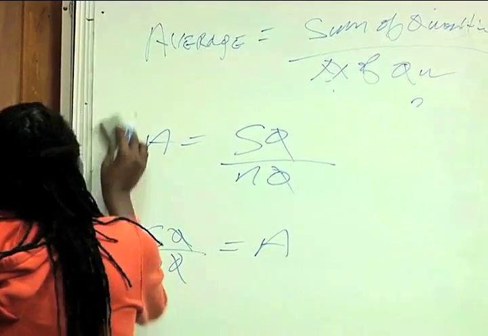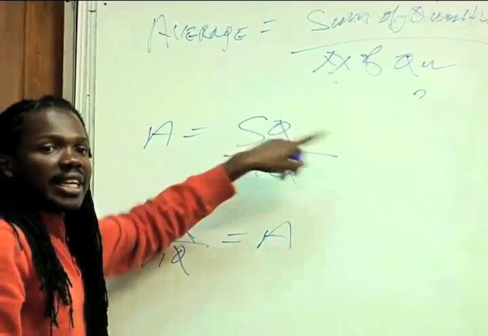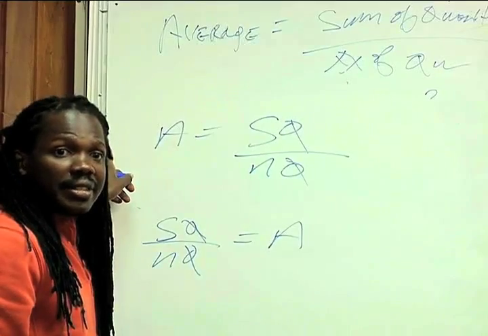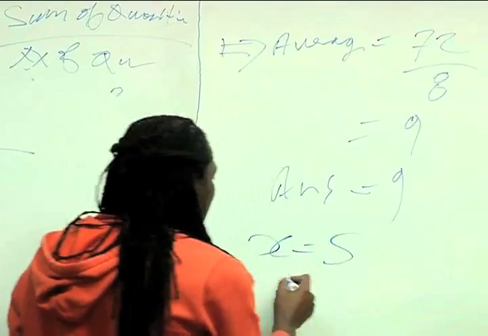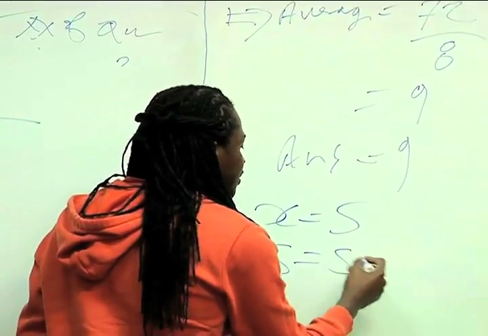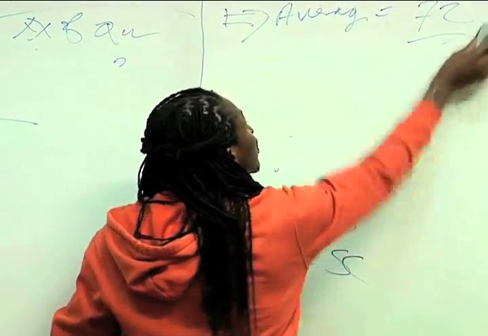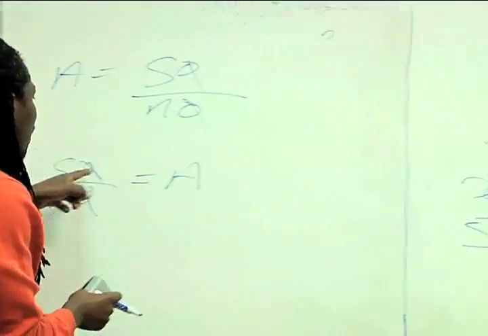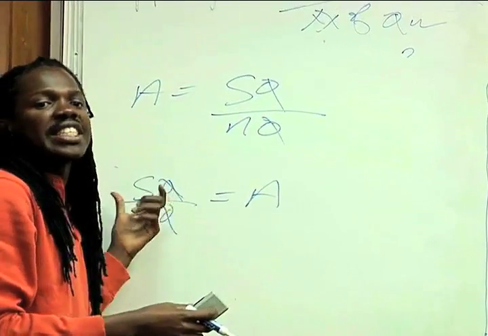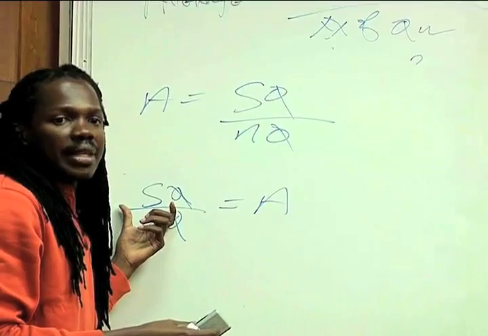Look what we do now. If A equals this, then this equals A. If X equals 5, then it means that 5 equals X. So if I want to find this, it's easier for me to have it on the side where I solve from. You understand?